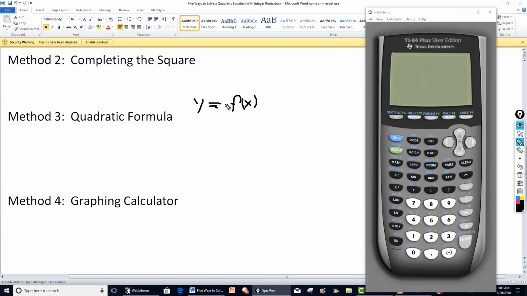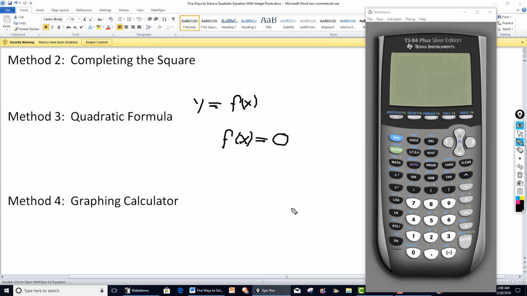So basically the zeros of that polynomial, or whatever it turns out to be, are going to be the solutions or the roots of this equation, f of x equal to 0.